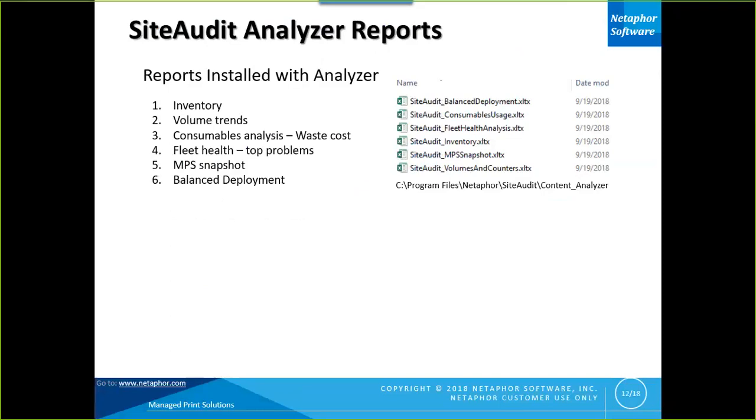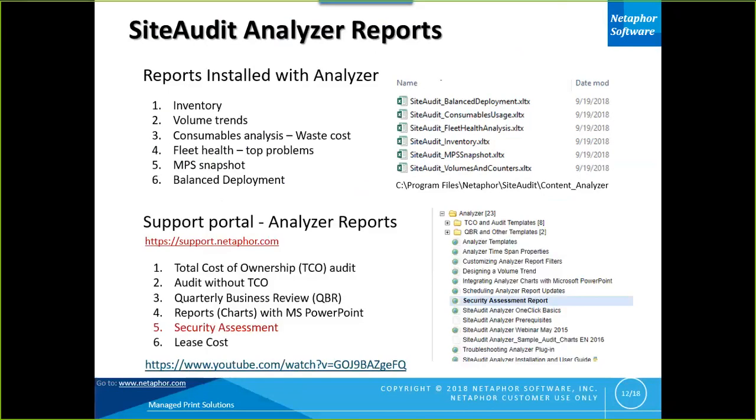They're used for presentation, and everything from inventory to volume trends, fleet health, consumable analysis, and waste cost is all there. In addition, there are additional analyzer reports that can be downloaded at no cost, as long as you've got an analyzer license and a way to get to the support portal.